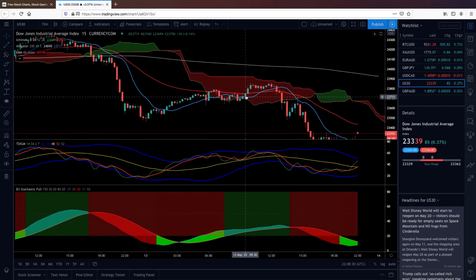The TDI, first confirmation: it crossed the red while being above the yellow line. Anything above the yellow line is a trend. The moment it crosses, if the red crosses the green, you sell. If the green crosses the red, you have to buy. This is a perfect momentum trade for you.